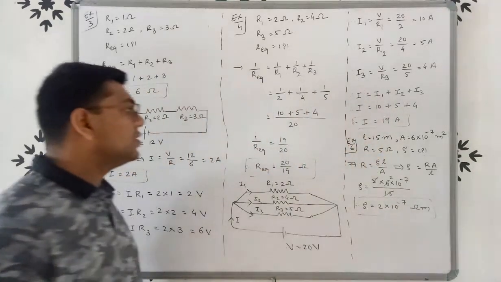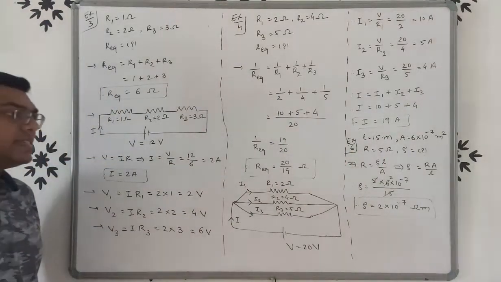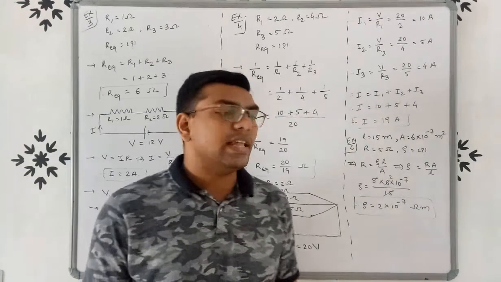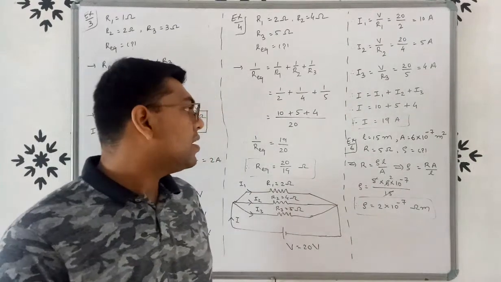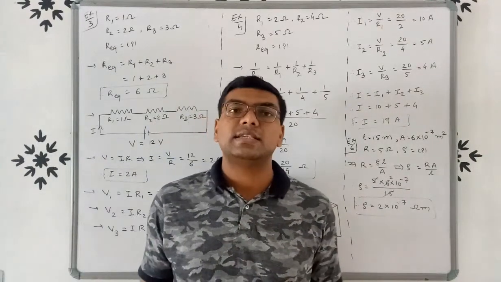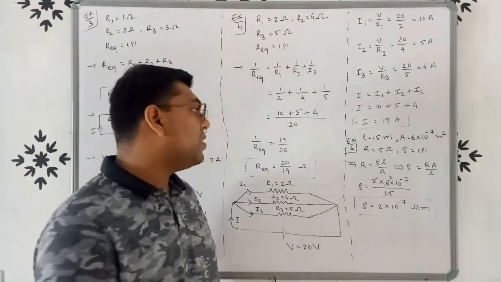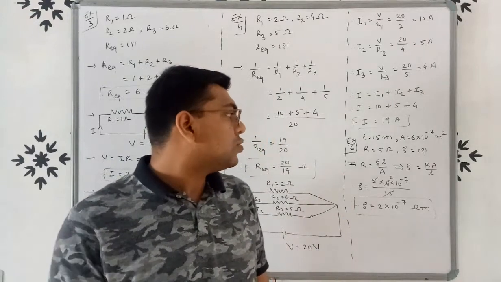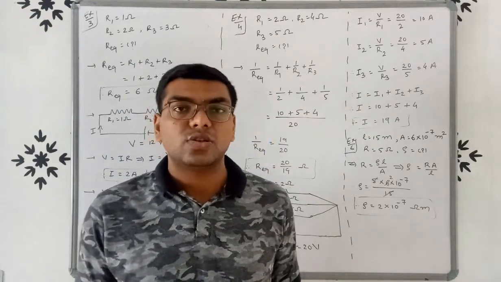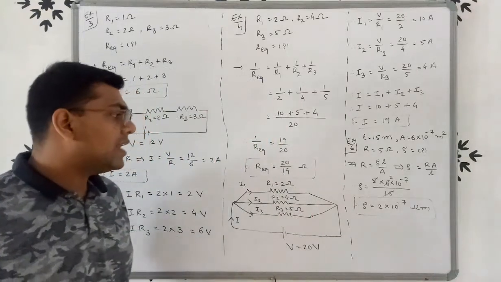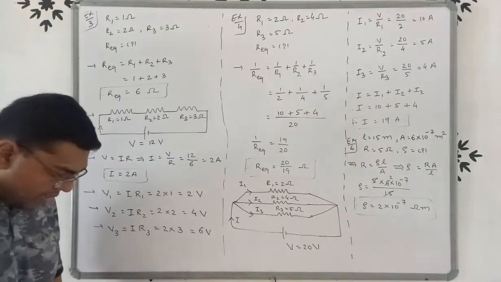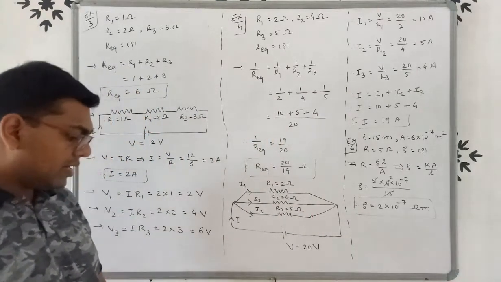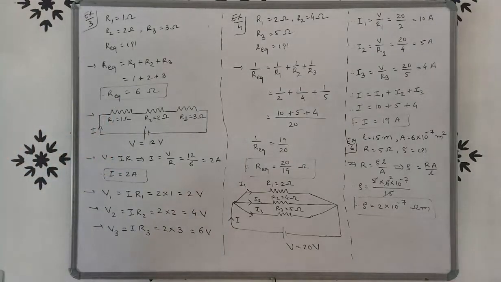Right. So this is a very easy example. Length, area and resistance is given. We have to find out the resistivity rho. So simply we use the formula R is equal to rho L by A. From this formula we can easily find out the value of resistivity, which is 2 into 10 raised to minus 7 ohm meter.